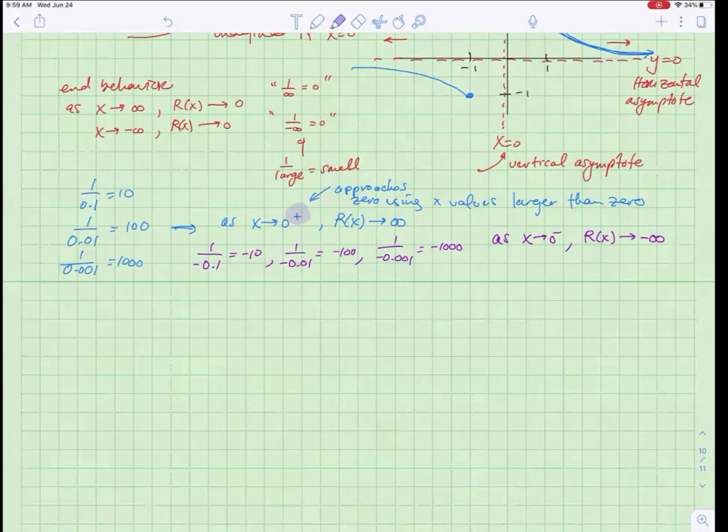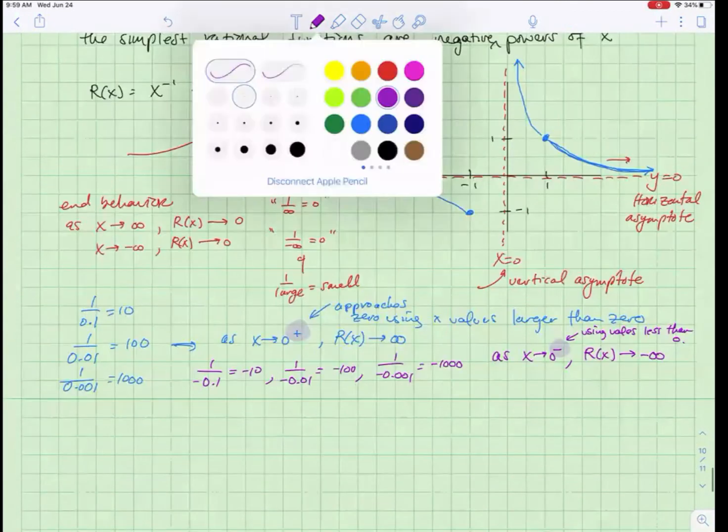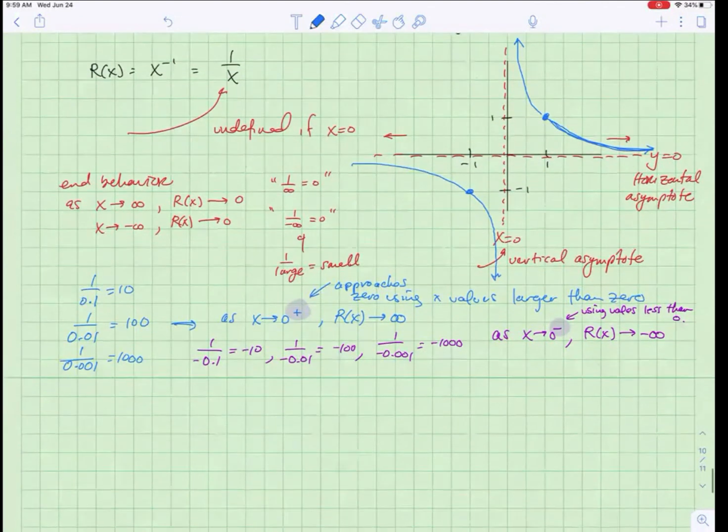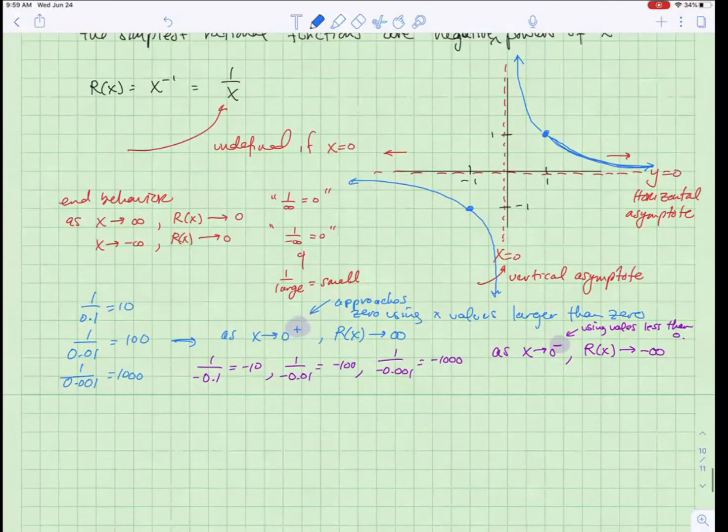So as we approach 0 from the left side, these become larger and larger negative values, and we get this split behavior. And this is the graph of 1 over x.